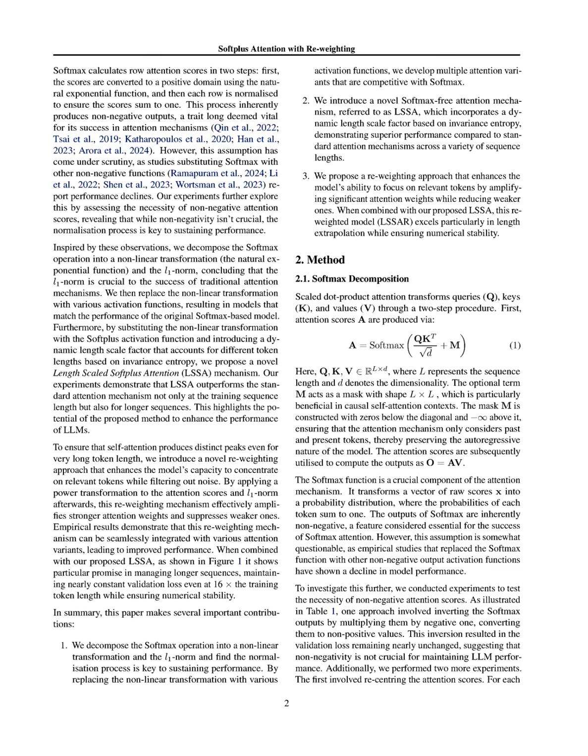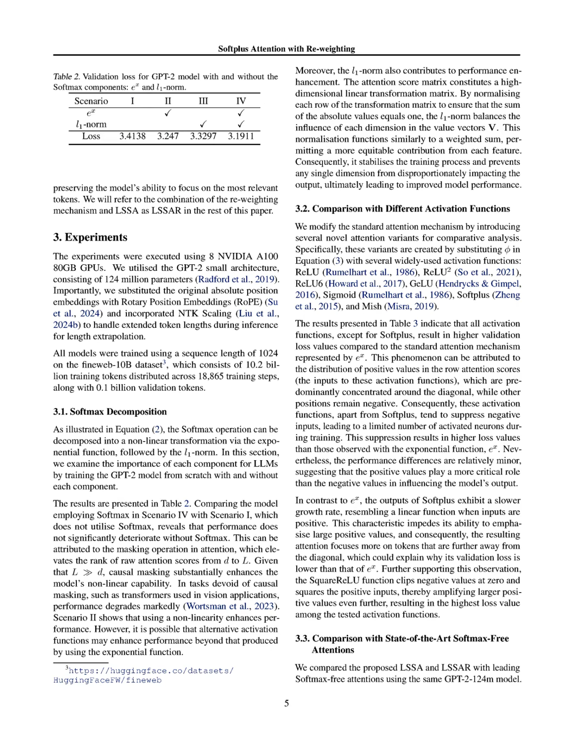First, the raw attention scores are computed using the formula A = QK^T, where Q, K ∈ ℝ^(L×D) and L is the sequence length. Next, instead of applying the traditional Softmax, LSSA replaces the nonlinear transformation with the Softplus function, leading to the formulation A = Softplus(A), followed by applying the L_1 norm for normalization, ensuring that the sum of the absolute values equals 1.